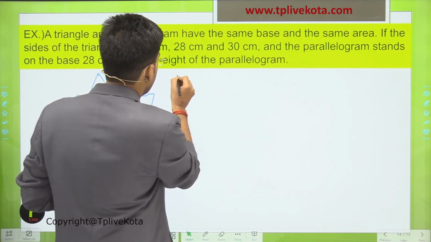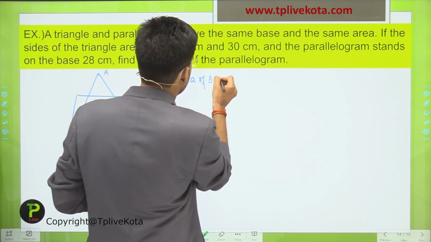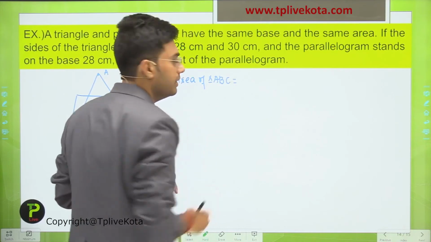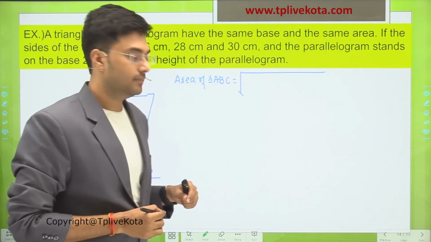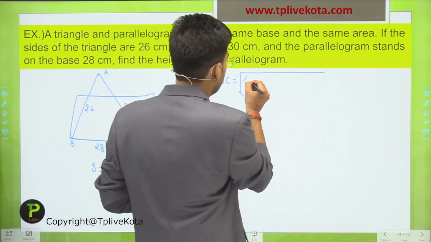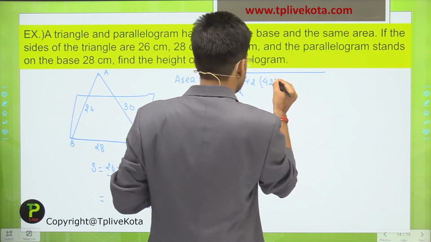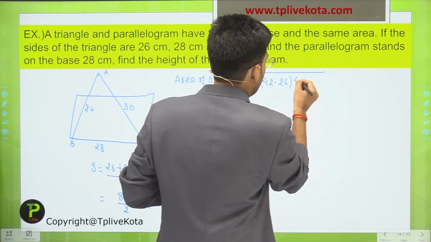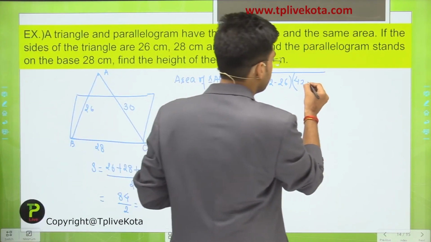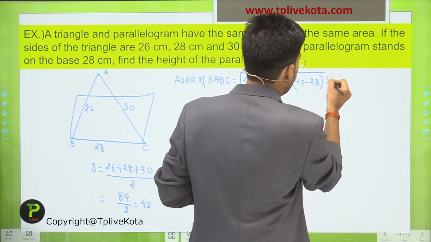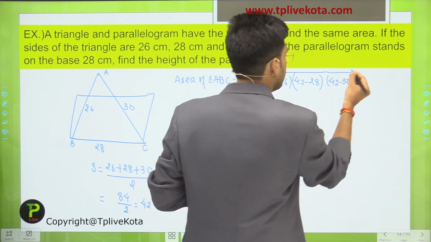Now area of triangle ABC is equals to square root of semi-perimeter, and the semi-perimeter is what? 42 multiplied by 42 minus side 26, 42 minus other side, that is 28, and 42 minus the other side, that is 30. Clear?